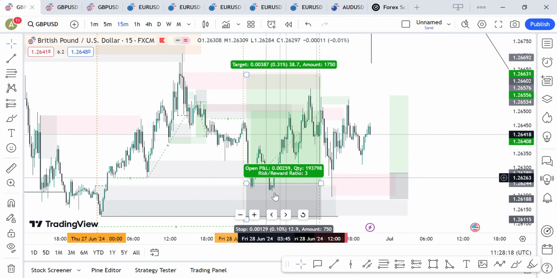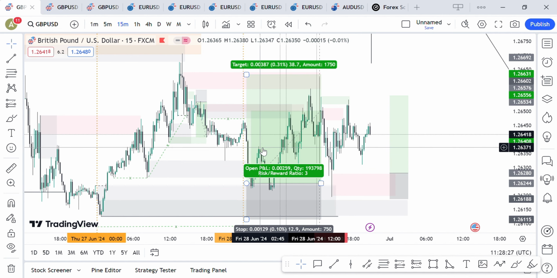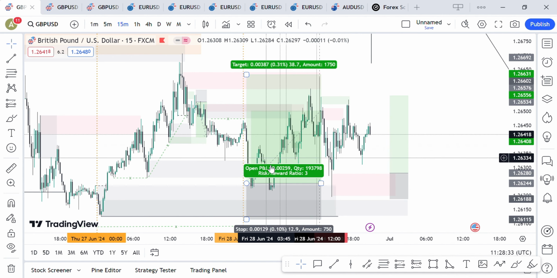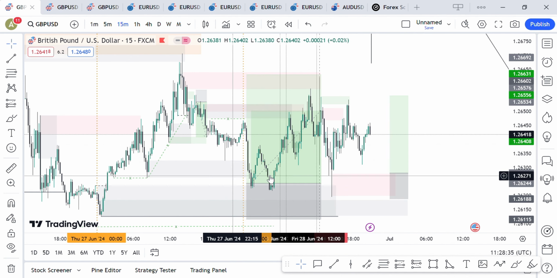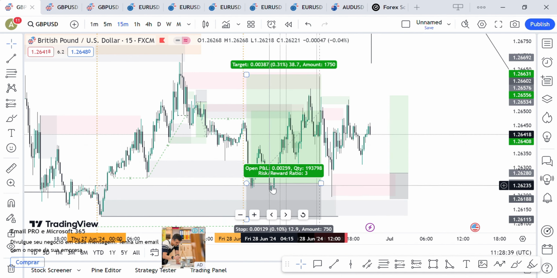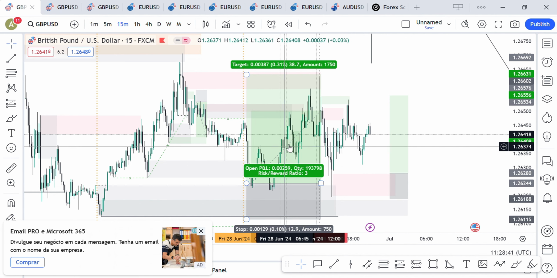So after I took this trade, I went to sleep, and in the morning I saw we were actually at this point. When Frankfurt and London were coming down, New York shot it up just to take this liquidity.